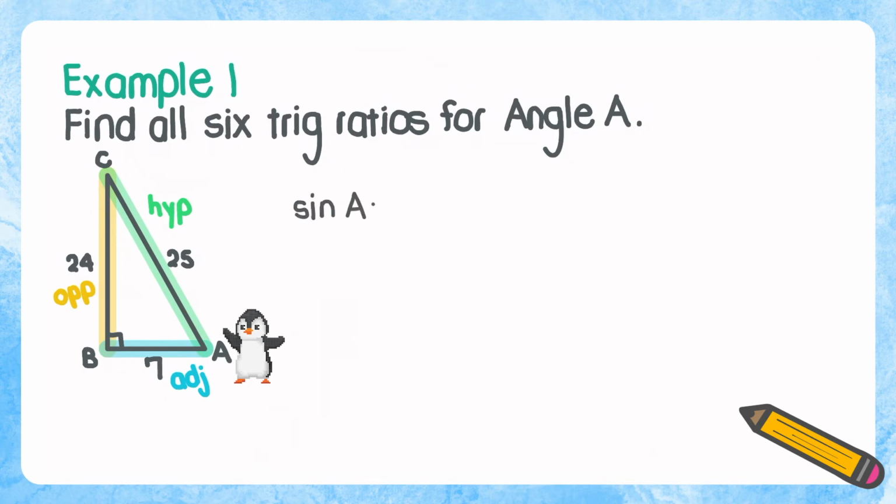So we know that the sine of A would be the opposite over hypotenuse, which in this case is 24 over 25.